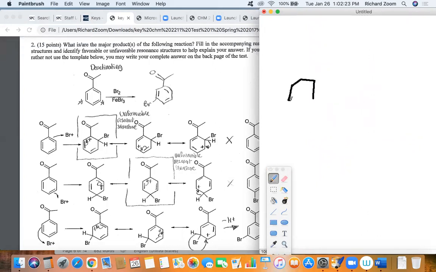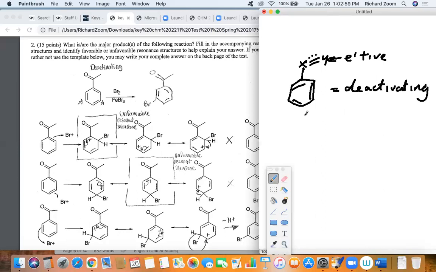So if you've got an atom attached to the ring and it's multiply bonded to an electronegative group, either a double or triple bond, then that's going to be deactivating.